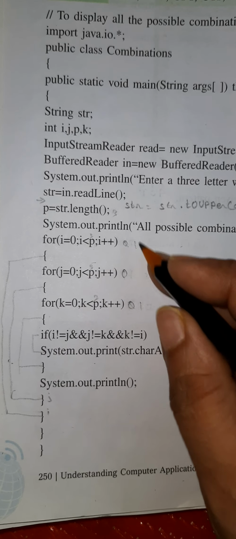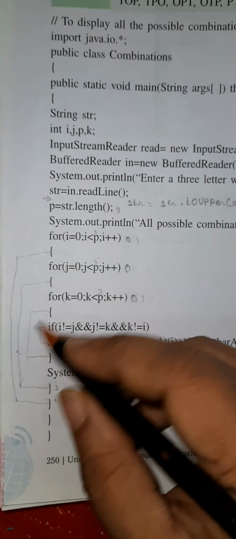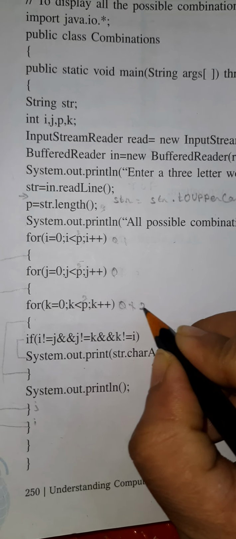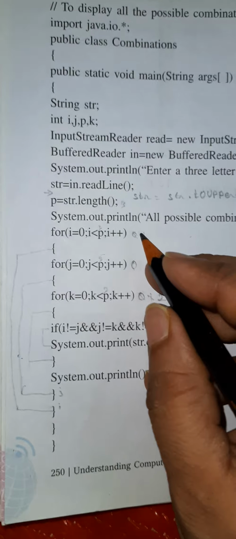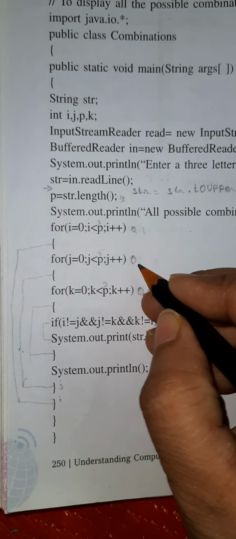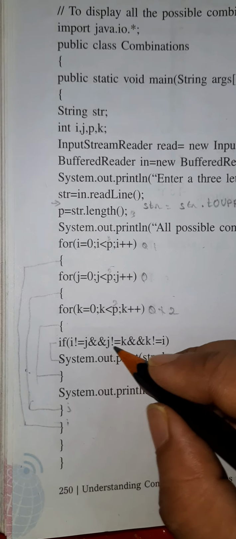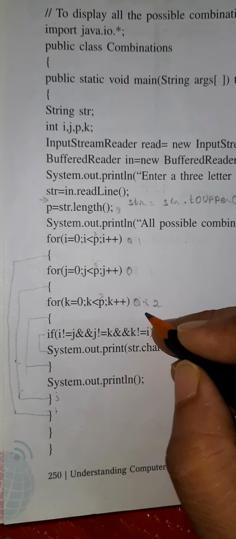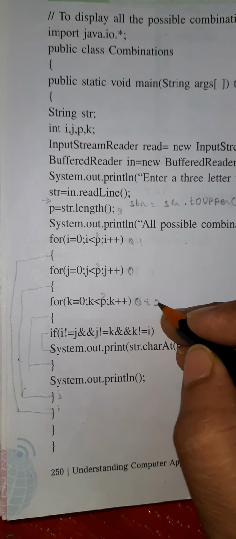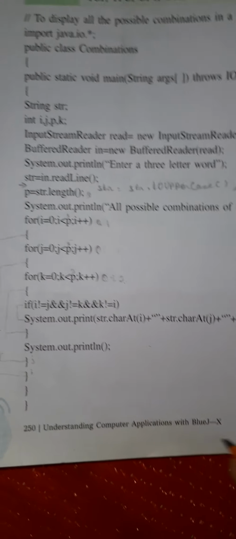Condition false, it is equal. So it will come to this part. Now K is 2. So again I is not equal to J. Yes, I is 1 and J is 0, not equal. Condition true. J is not equal to K. Yes, condition true. K is not equal to I. Yes, 1 and 2 are not equal. So again here it will come.